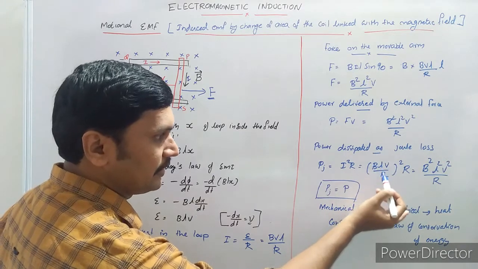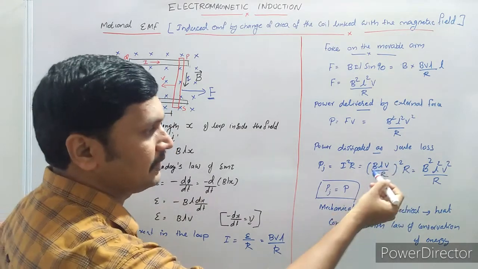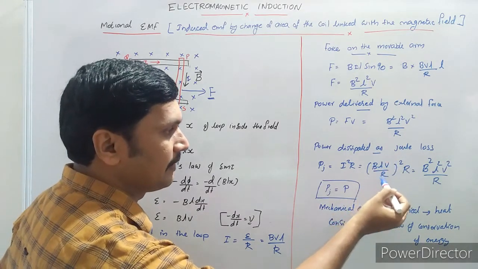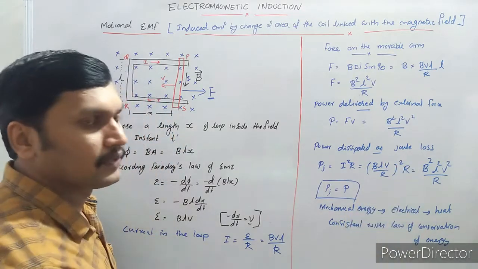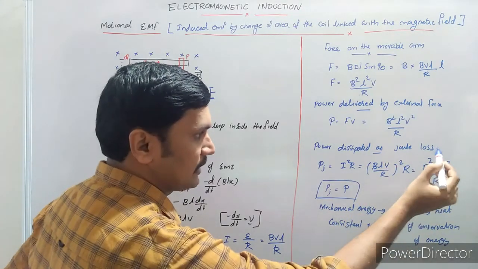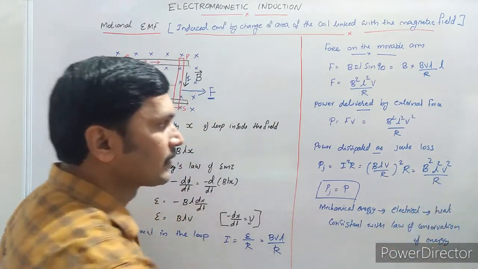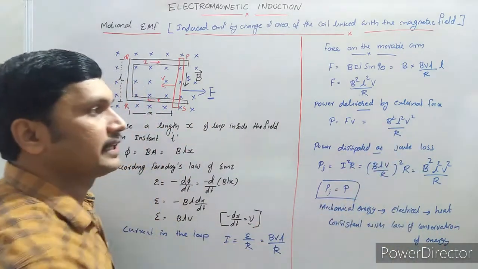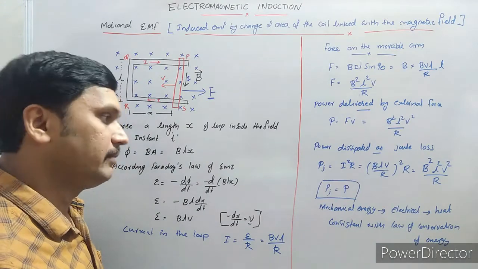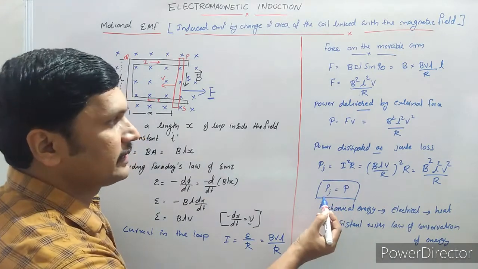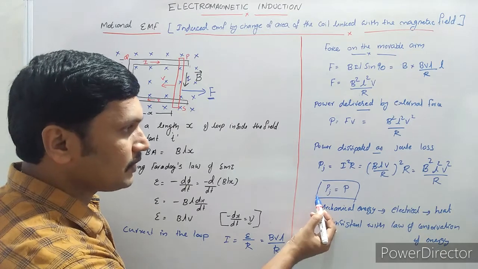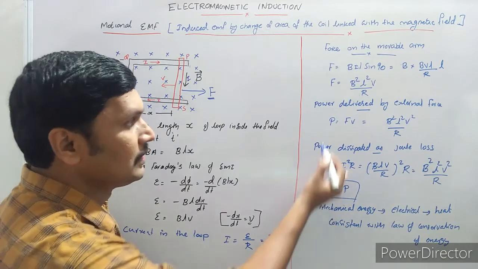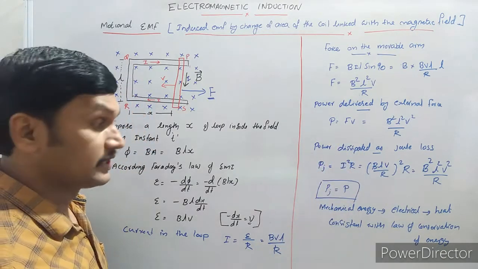BLV divided by R. So I square R is BVL divided by R whole square, into R. Again we are getting B square L square V square by R, which is similar to the power delivered by the external force. So what does it mean? The Pj, that is power dissipated by Joule's law, is equal to the power delivered by the external force.